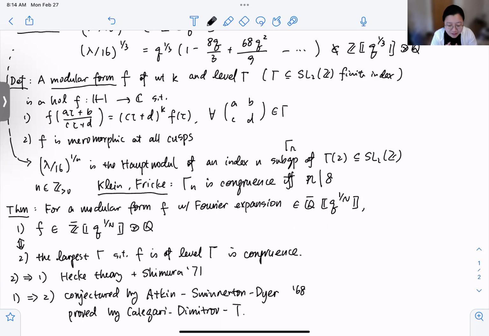If you want some, in quotation marks, extra information about where the finite set is, it depends on how much you know about the noncongruence subgroup gamma.